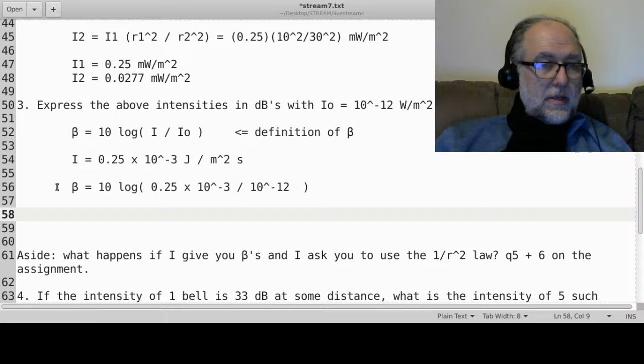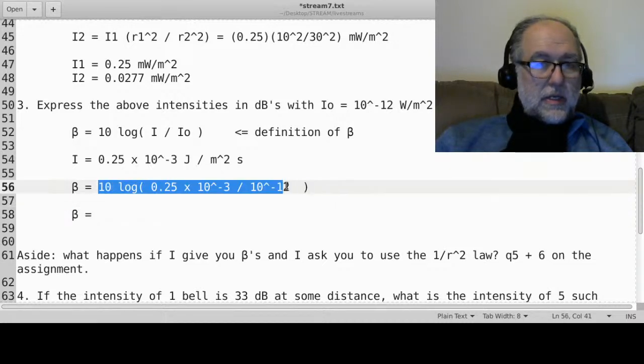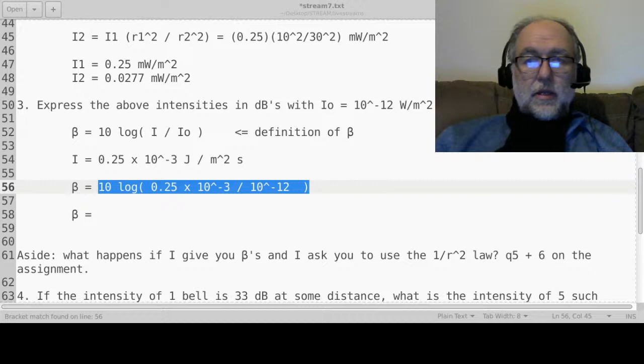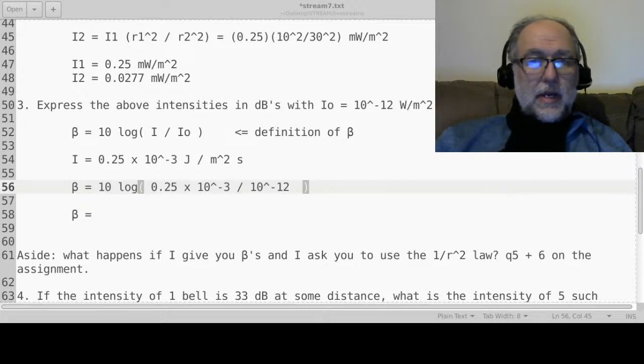So what is that? Put that into my calculator and see what we get here. Oh, it doesn't like that log written out. Okay, one second. There we go.